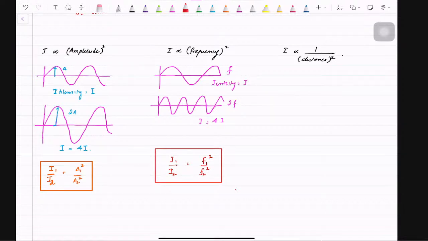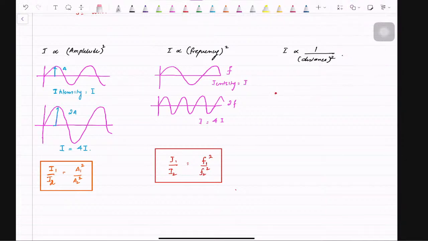Then comes intensity with respect to distance. Now this is pretty easy. What you should remember is that suppose this is the source where the light is coming from.